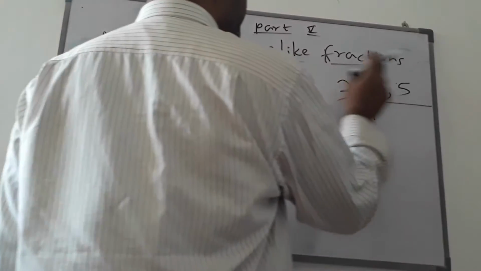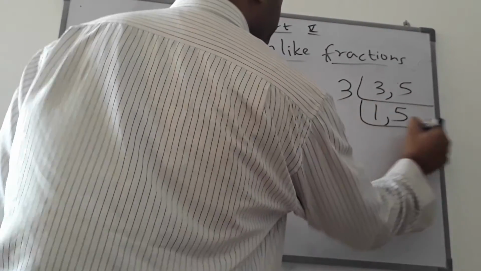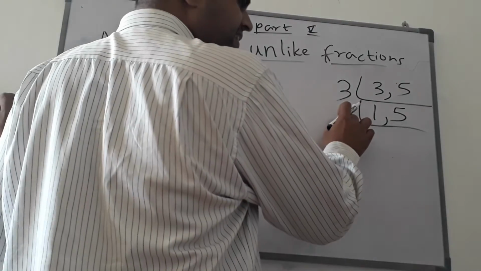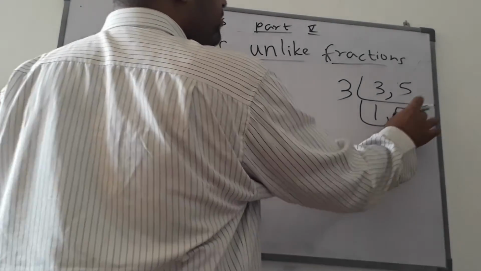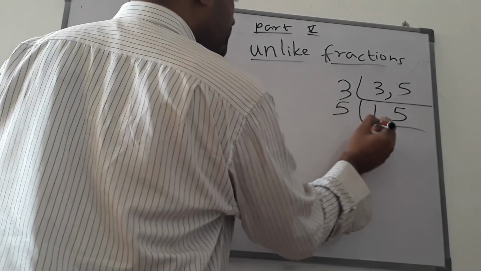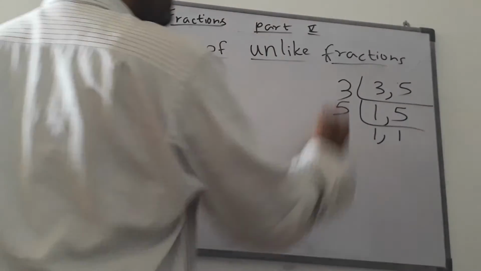But 5 is not divisible by 3. So we have to keep the 5 the way it is. Now we have to divide again by 3. Can't, because 5 is not divisible by 3. So the next prime number is 5. So 1 is there, 5 by 5, 1.